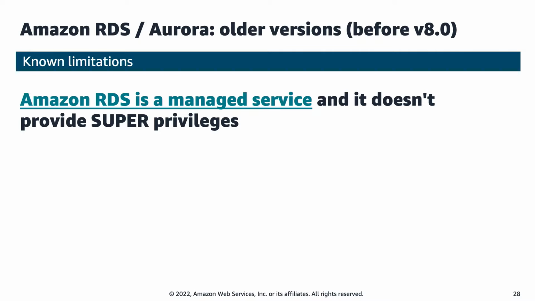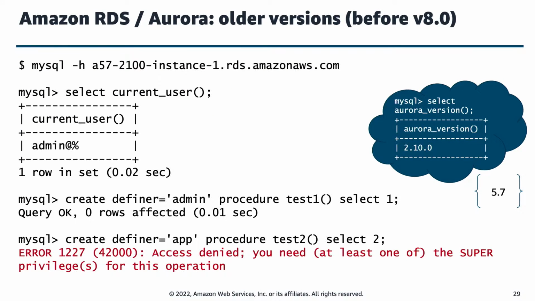But originally in MySQL, every privilege was so tightly coupled with super or no super that we have that specific problem. I will show you examples based on Aurora MySQL, but the same applies for RDS for MySQL. The same applies for Google Cloud SQL as well, probably. Yeah, they do.